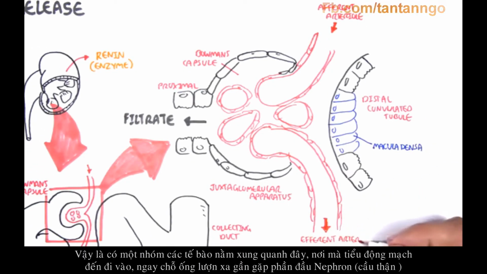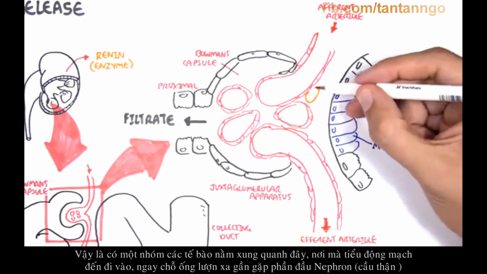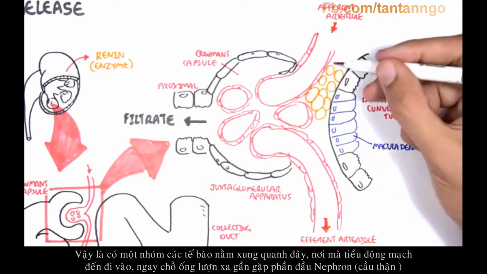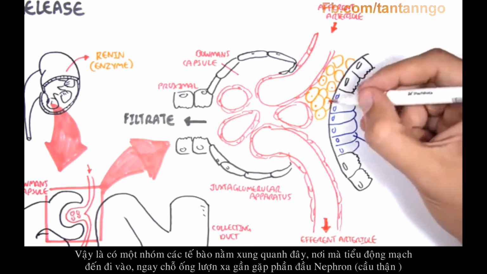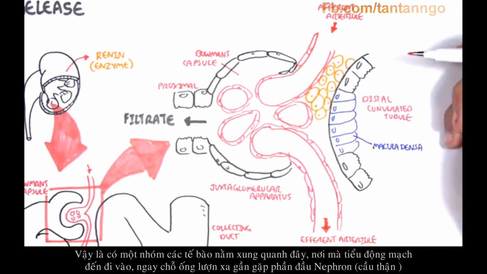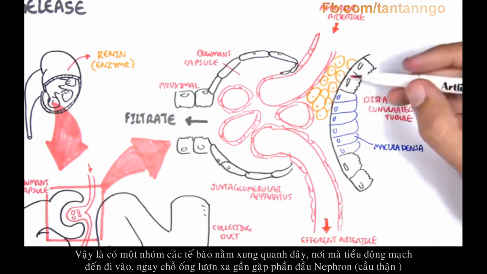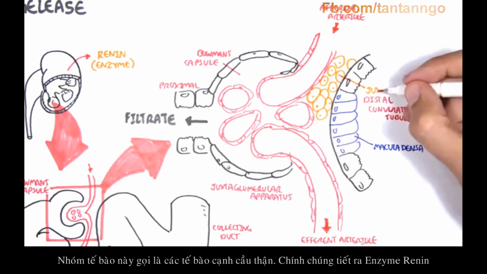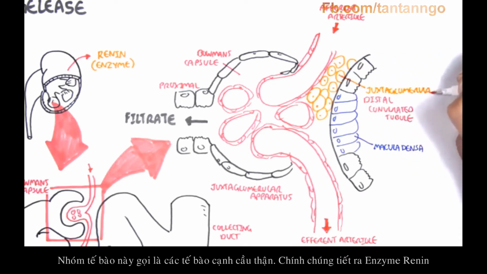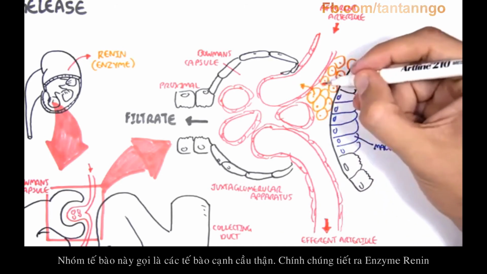Now, there are a group of cells located around here where the afferent arteriole comes in, around this area, and where the distal convoluted tubule sort of meets the head of the nephron. There are a group of cells here known as the juxtaglomerular cells. And it is these cells, the juxtaglomerular cells, that produce the enzyme renin.